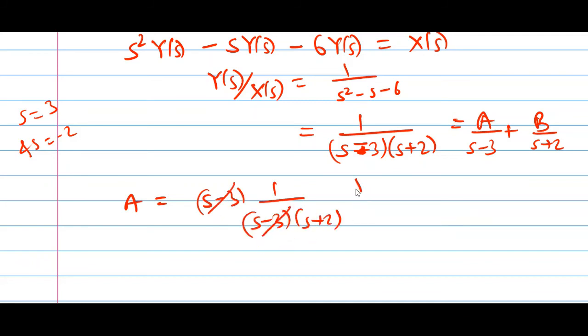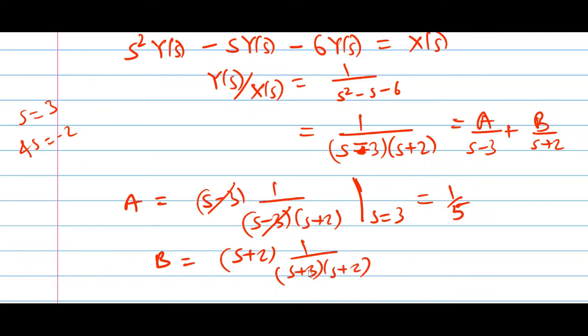So s minus 3 cancels, we have to calculate this value at s equal to 3, so that means 1 by 5. B value is s plus 2 times 1 upon s minus 3 s plus 2, here s plus 2 cancels, this we have to calculate at s equal to minus 2, so it comes out as minus 1 by 5. Okay, so we got the values of a and b.